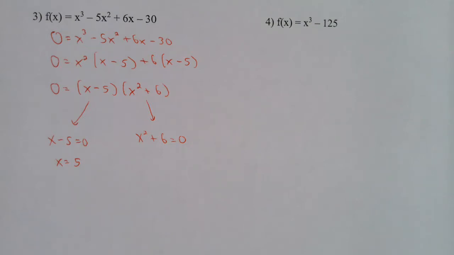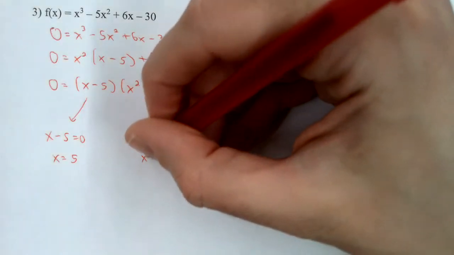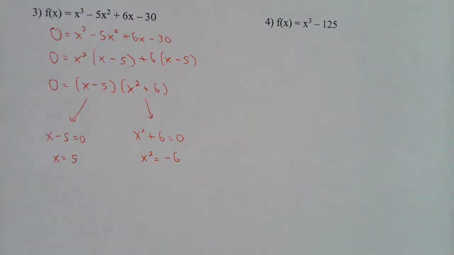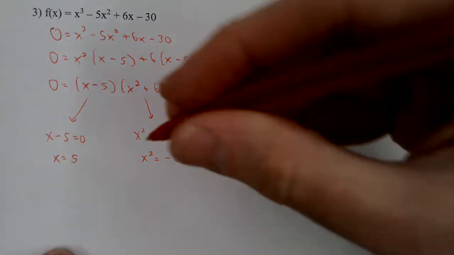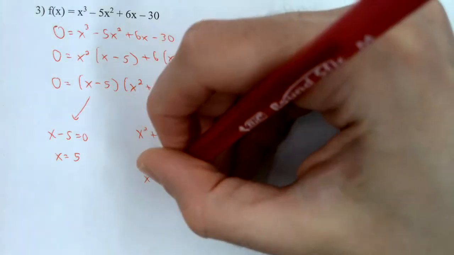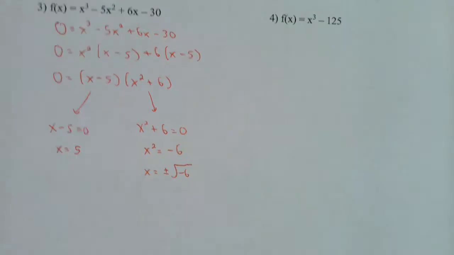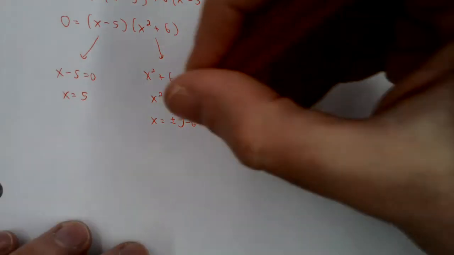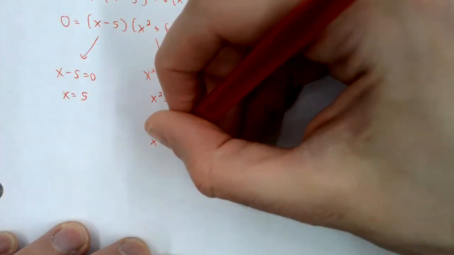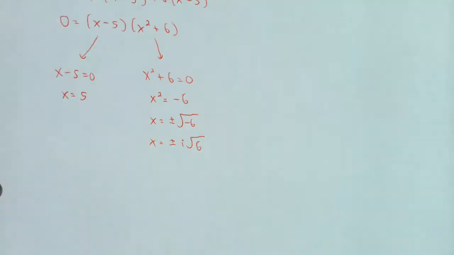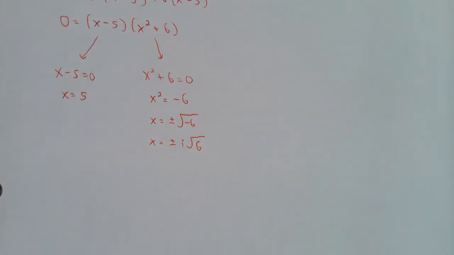Let's get x squared alone by subtracting 6 on each side. And then let's take the square root of each side. So x equals positive and negative square root of negative 6, which will be positive and negative i square root of 6 when you take out the i. Square root of negative 1 is i.